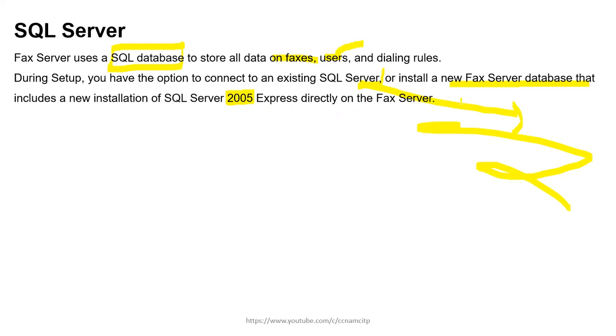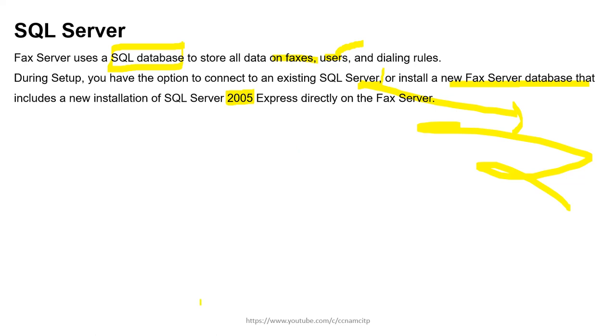At the time of installation I will show you how to install these things. In a couple of my previous videos I already discussed how to install, but once again I will take you step by step. So I hope it is very clear now why we use SQL Server.